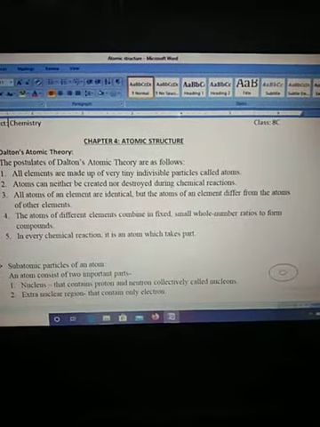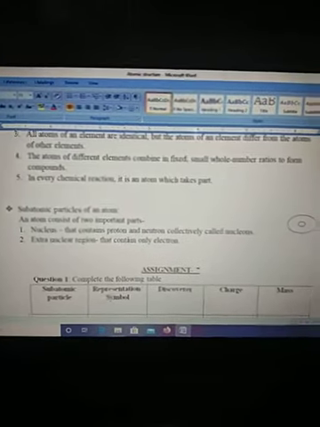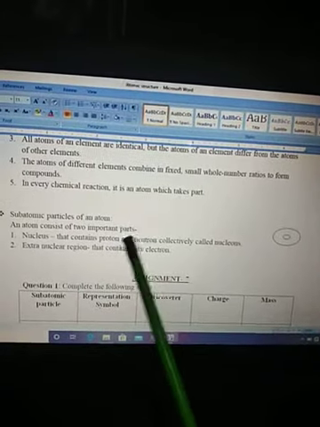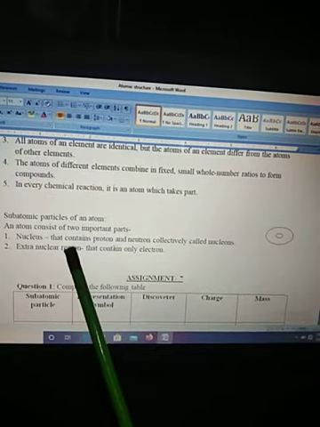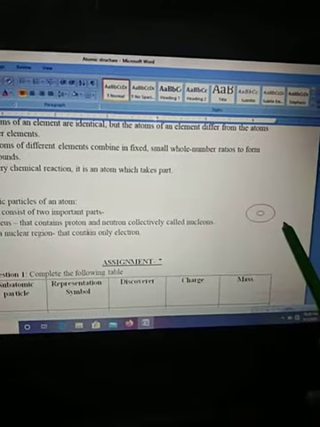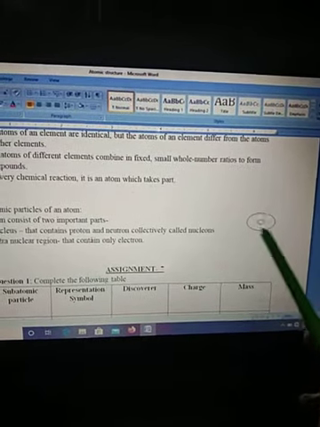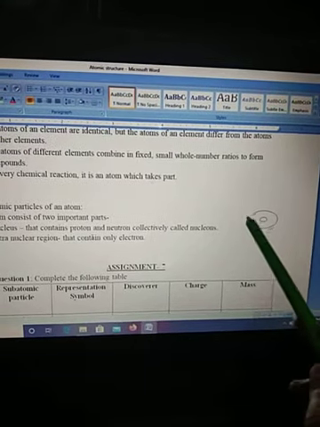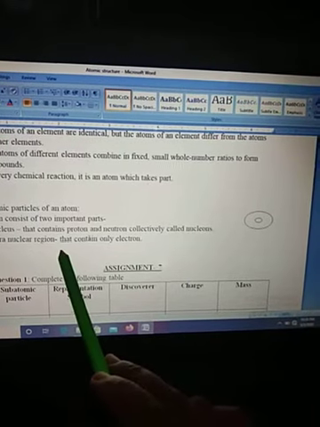Now, after that, the subatomic particles of an atom. An atom consists mainly of two parts. One we call the nucleus and the other is called the extranuclear region. If you consider this an atom, the central part is called the nucleus, and outside the nucleus we have different circular orbits that we call the extranuclear region.